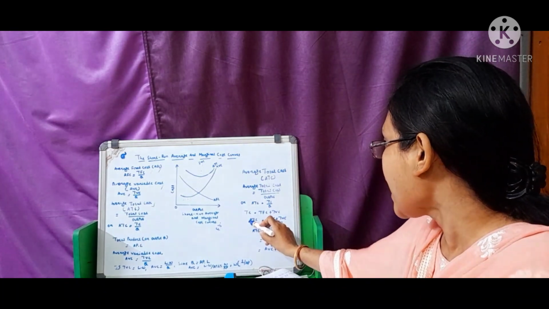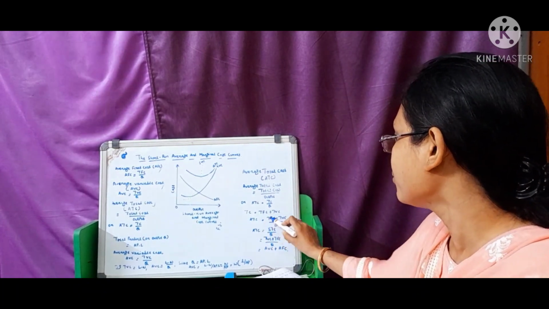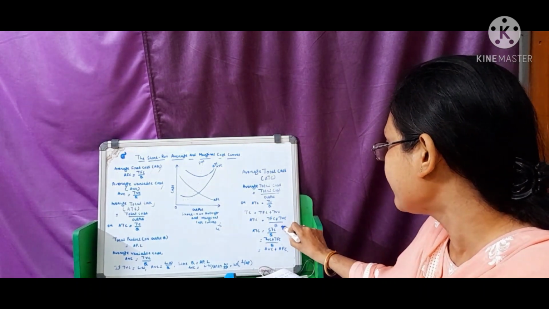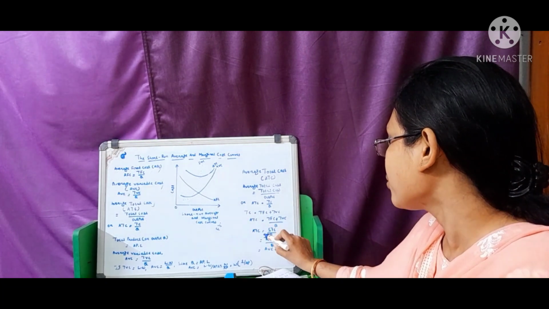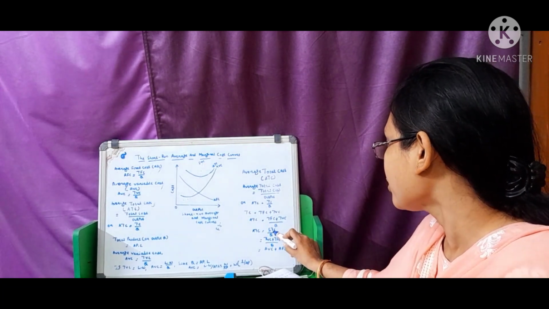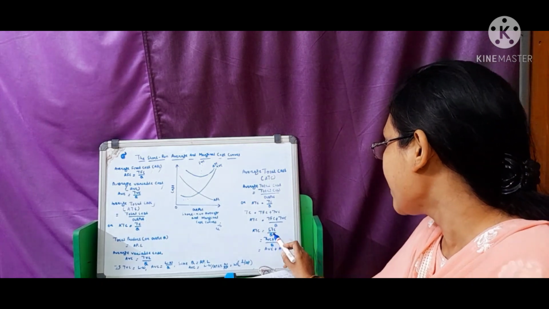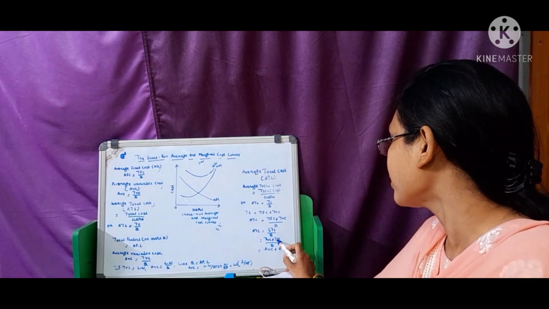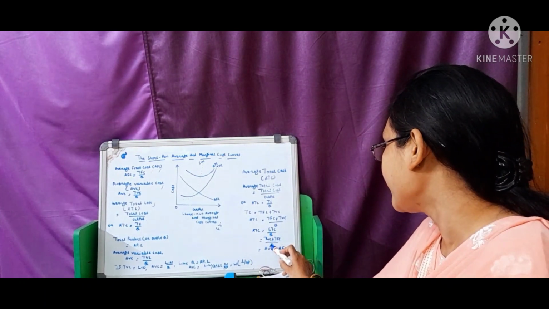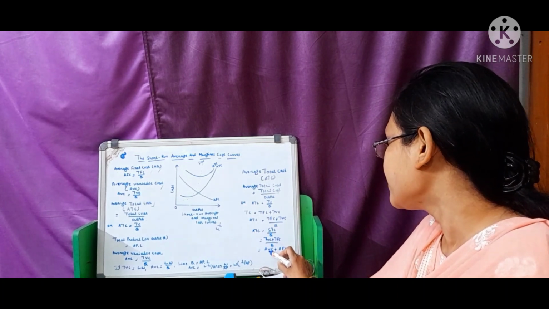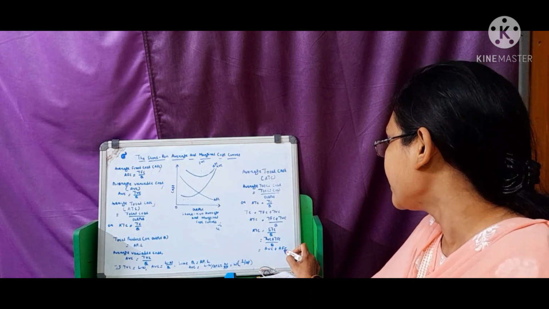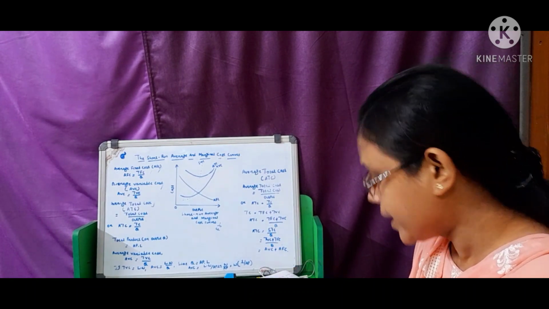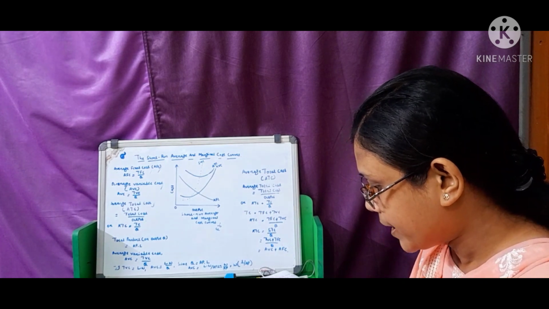So average total cost equals total fixed cost plus total variable cost divided by Q. So average total cost equals short run total cost divided by Q, which equals total variable cost plus total fixed cost divided by Q, which equals average variable cost plus average fixed cost. So average total cost equals average variable cost plus average fixed cost.